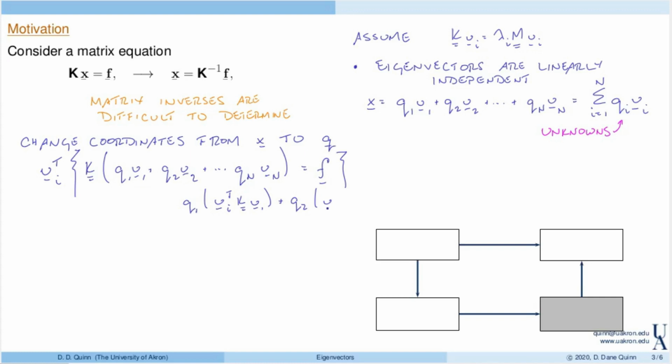I get a q2, and again now this becomes ui transpose K u2. So essentially I'm just distributing this ui transpose all the way through this equation, up to ui transpose K un, and then this equals ui transpose times f. And of course we can do this for each value of i, so we end up with n equations. This is basically how we get n scalar equations from this change of coordinates.